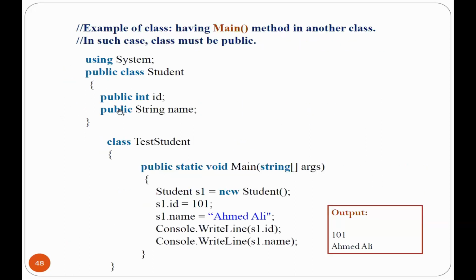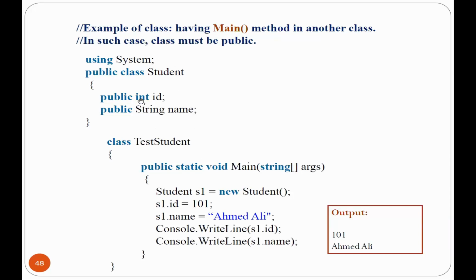So with the help of the public keyword, we can access the ID and name data members outside the class student. So we are creating an object for this class here in the test student class. Inside the main body it is the same, and we are accessing these members ID and name, and the results are the same, only the techniques are different.